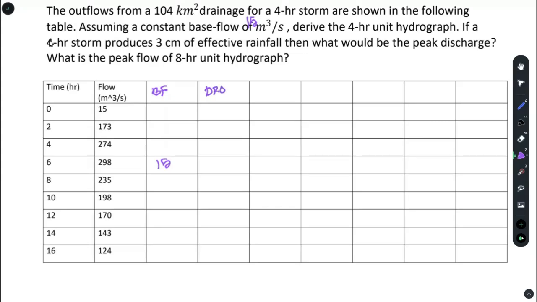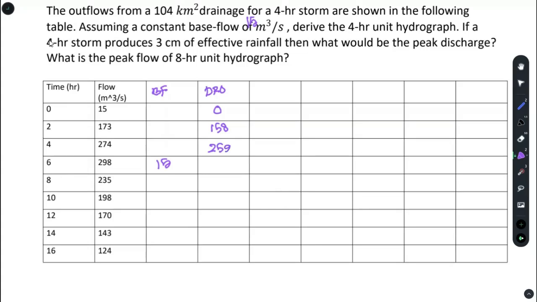In case of direct runoff, you subtract base flow from the total flow. So for the first time, it will be 0, 15 subtracted by 15, and then 155, 58, I'll just write them, subtracted by 15.